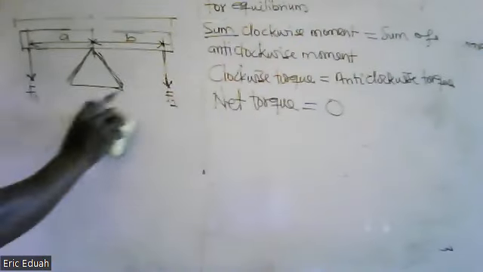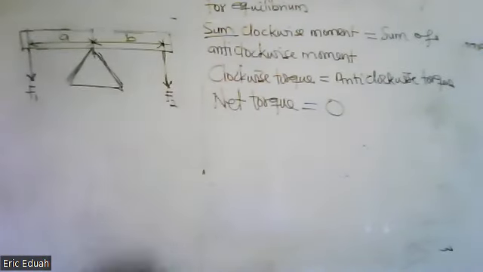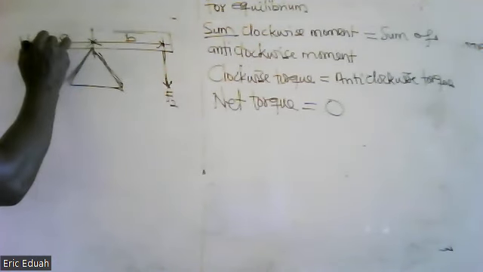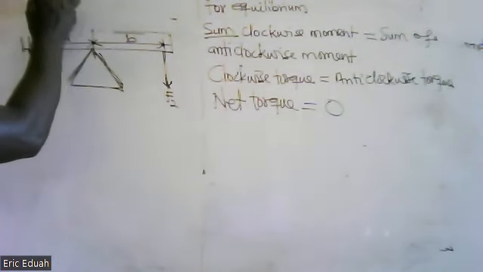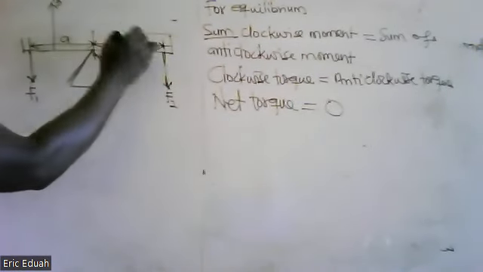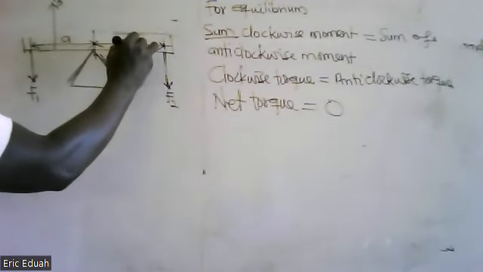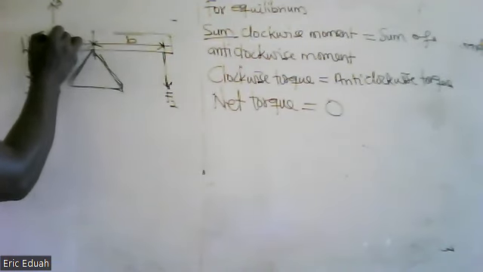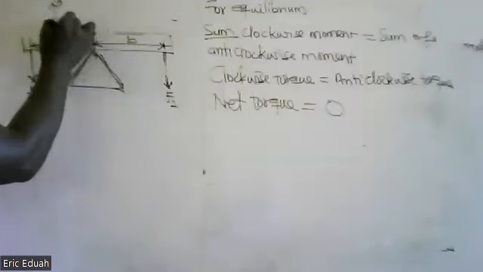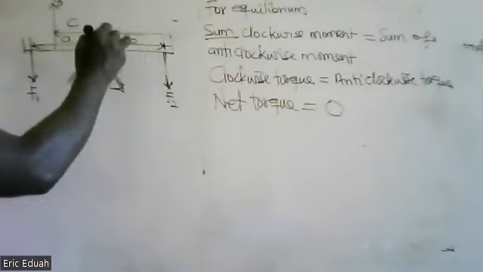In a case where you have more, we have this force over here, F3, at a distance of C from the pivot.